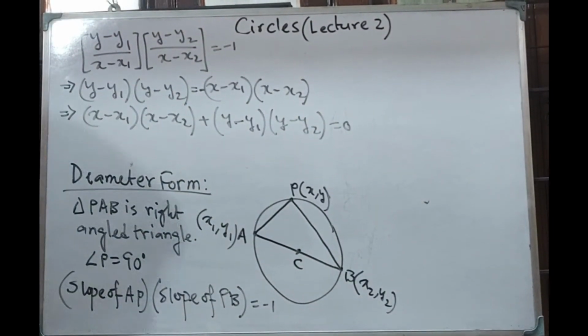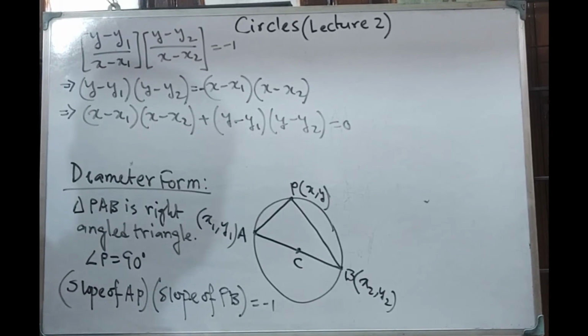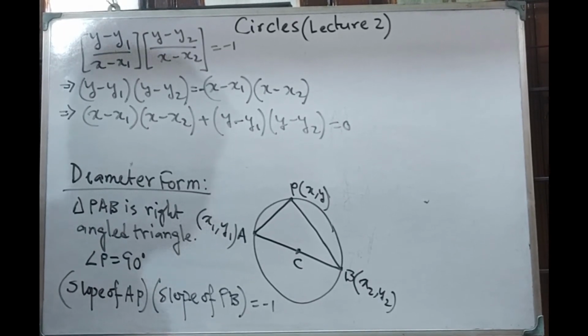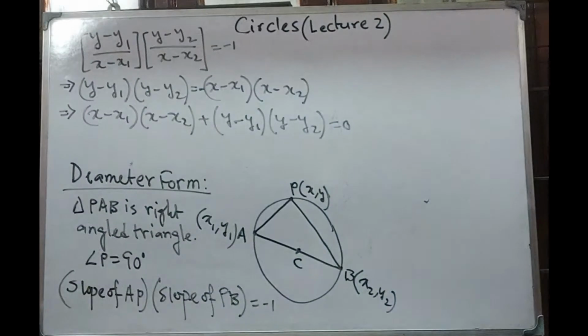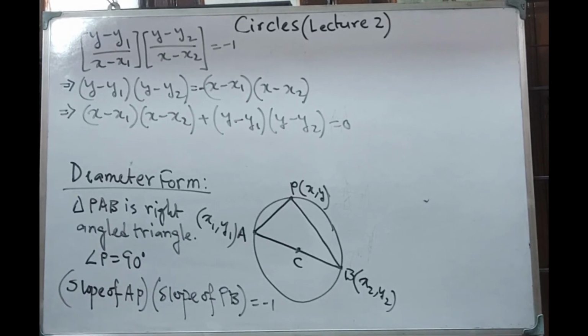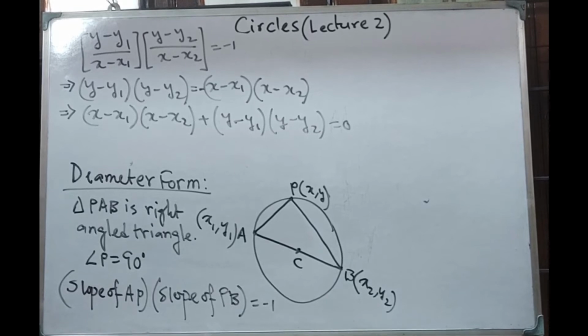So this we can take as the equation of the circle. This form of circle is called the diameter form, as the only information given is the endpoints of the diameter. That's why this form is called the diameter form.